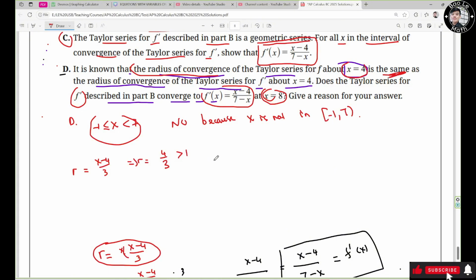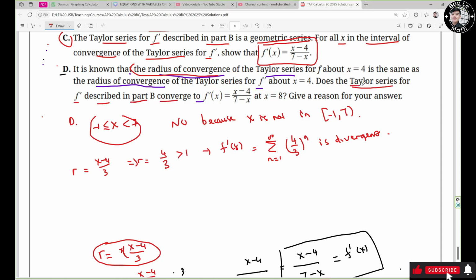So it tells us that f prime of 8 equals the sum, when n goes from 1 to infinity, of (4 over 3) raised to the n, which is divergent, because r equals 4 over 3 is greater than 1. So you need to say the Taylor series for f prime described in part B does not converge to f prime of s equals (s minus 4) over (7 minus s) at s equals 8.